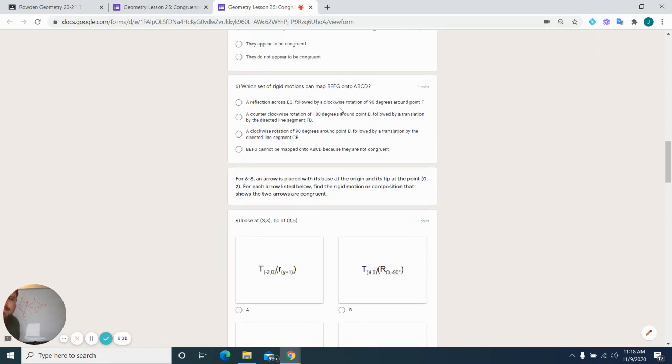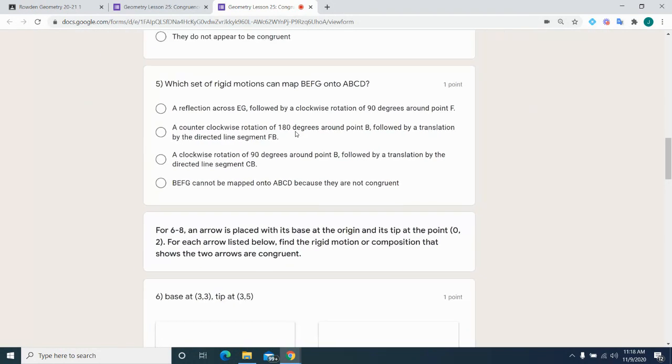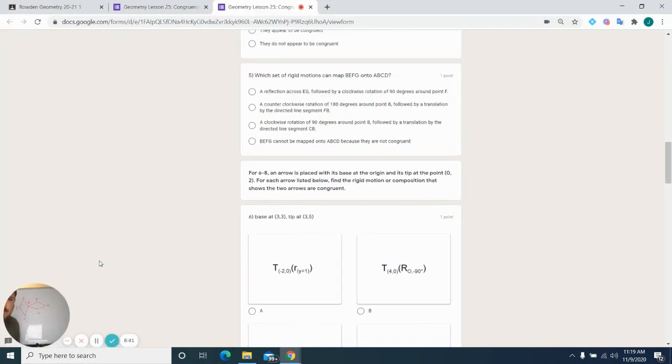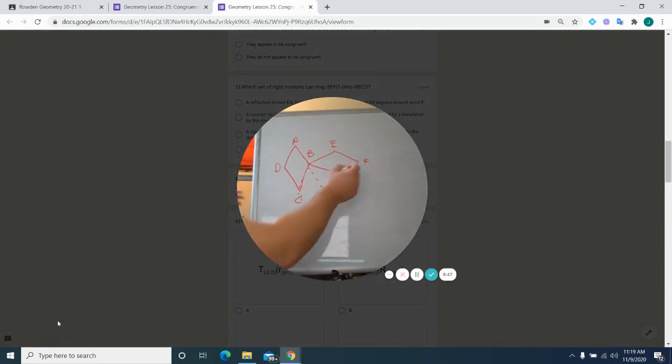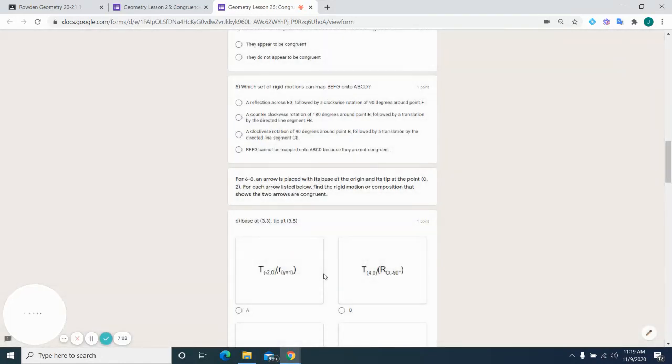So let's do a 180 degree flip around B. That would take this and put it right here. You see that? And now that it's right there, we need to move it by the directed segment FB.